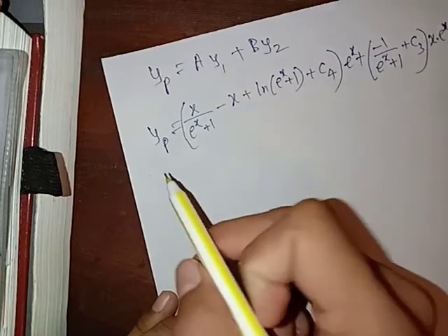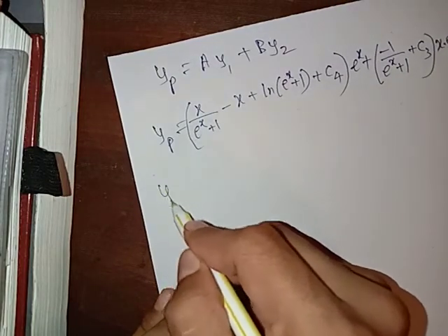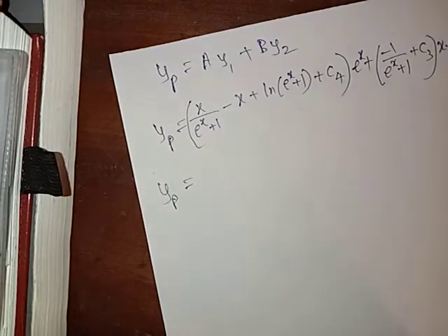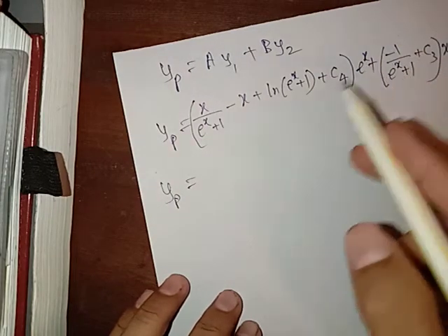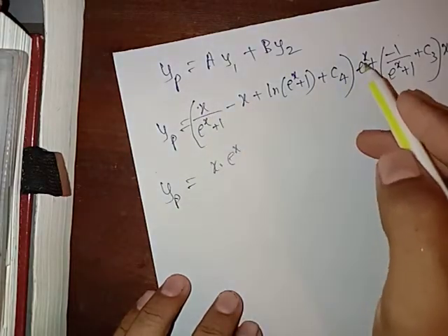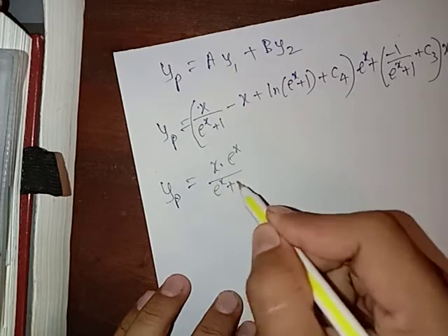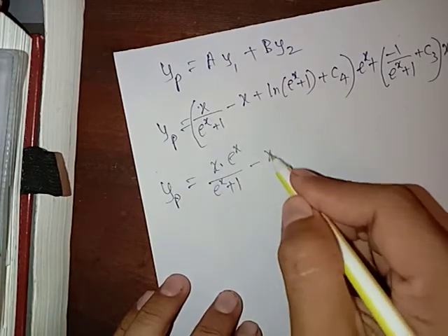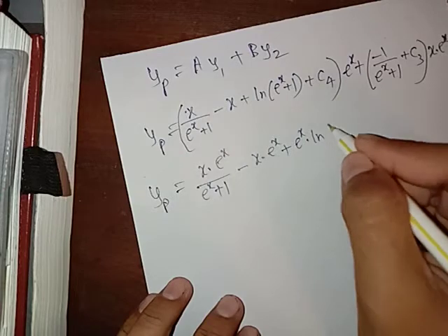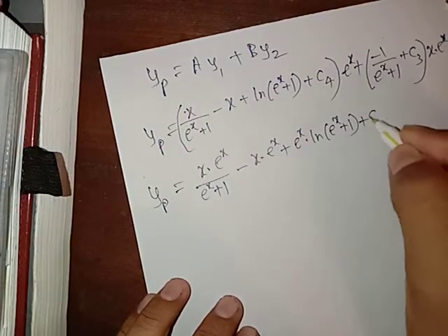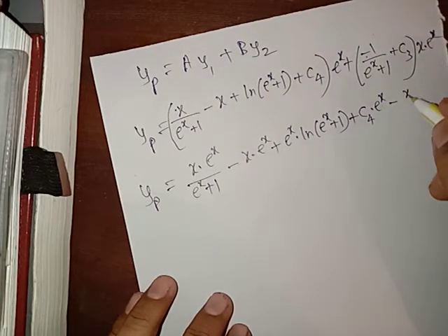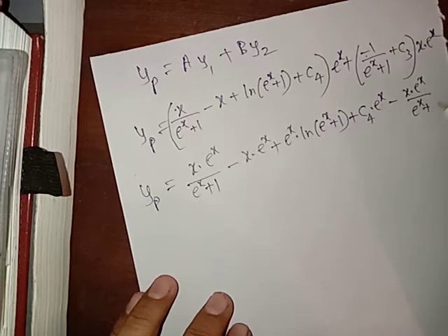Now yp is equal to x into exponential of x divided by exponential of x plus 1 minus x into exponential of x plus exponential of x into ln(exponential of x plus 1) plus c4 into exponential of x, minus x into exponential of x divided by exponential of x plus 1.